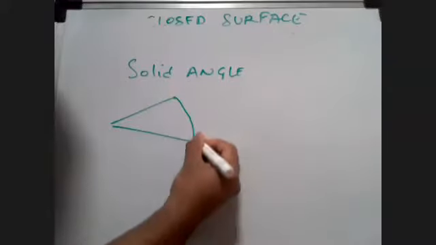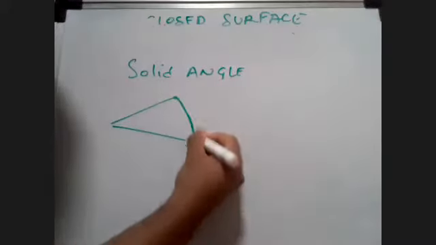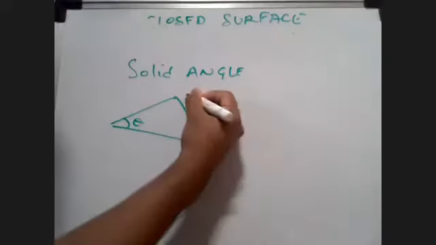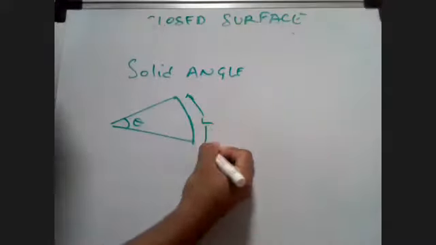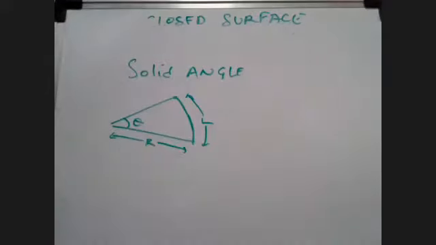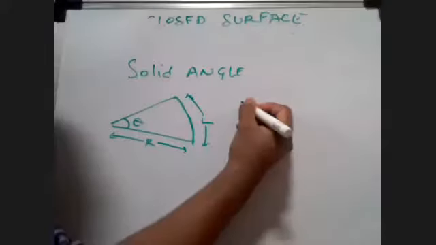Consider this to be a part of the circle. This part of the circle has angle theta, this has a length L, and this is radius R. So what is theta?